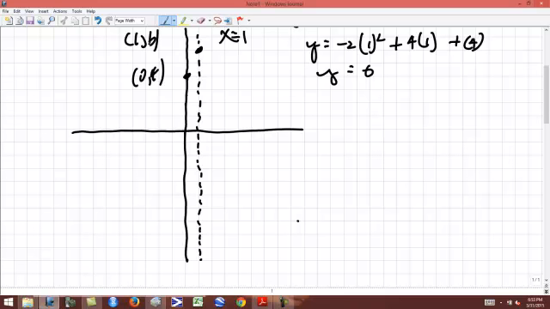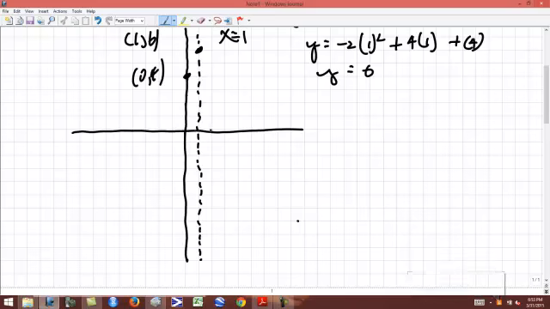So I want to reflect the y-intercept, which means I want to graph the point that has the same y value as the y-intercept, which is 4, but on the other side of the axis of symmetry. Now, (0, 4) is 1 unit to the left of the axis of symmetry.